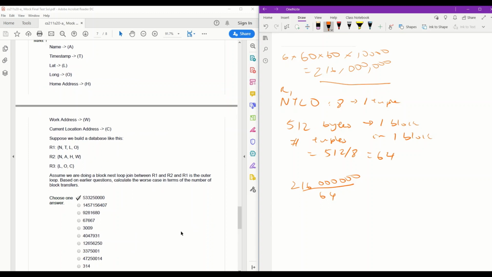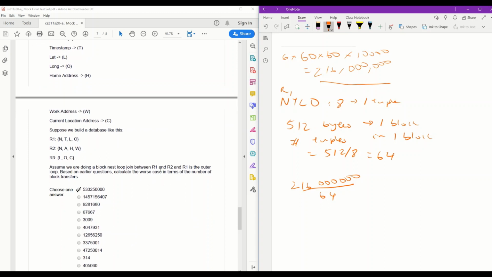So question number 8. Now we are going to a block nested loop join between R1 and R2. I apologize for this. To be frank, when I was preparing the question, I had R2 and R1 on the other side.